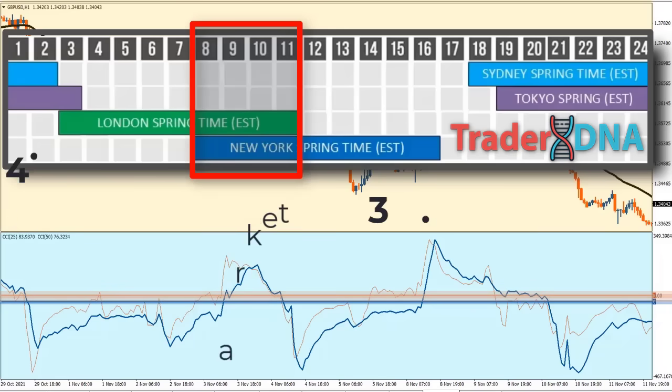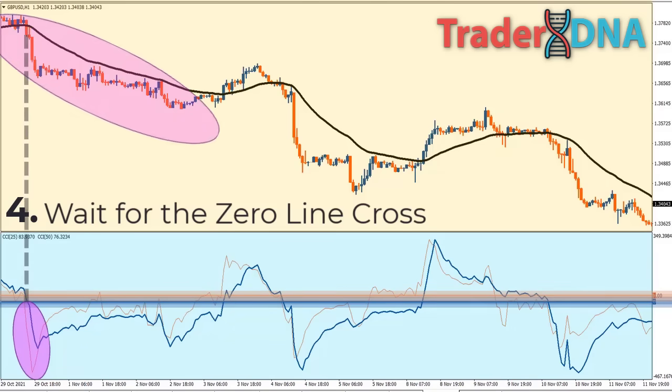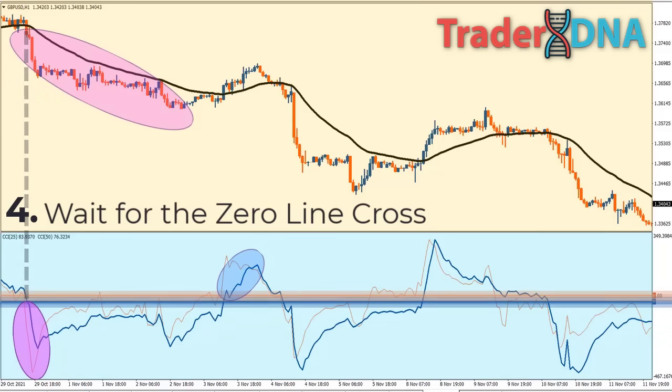Step number 4. Wait for the zero line cross. Wait until the 50-period CCI crosses the zero line, while the 25-period CCI is on the correct side of the zero line, and the price is on the correct side of the moving average. This means that if the 50-period CCI crosses above the zero line, the 25-period CCI should also be above the zero line, and the price should close above the moving average, and vice versa, if the 50-period CCI crosses below the zero line.